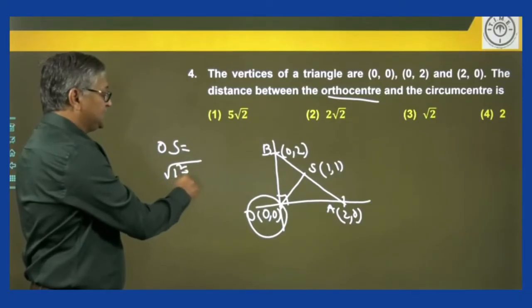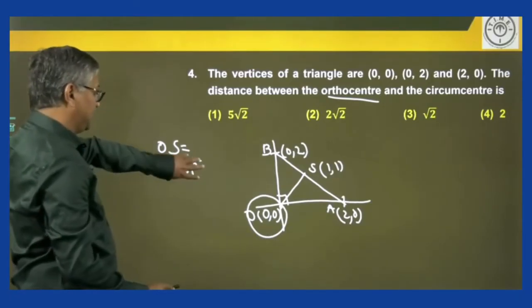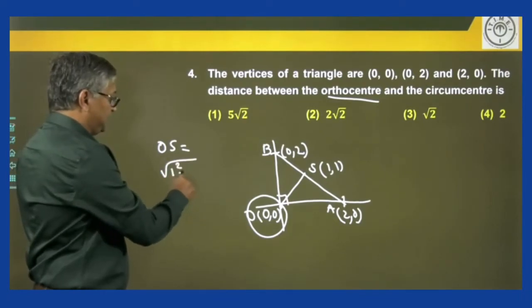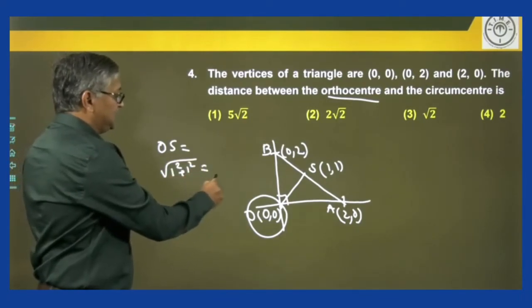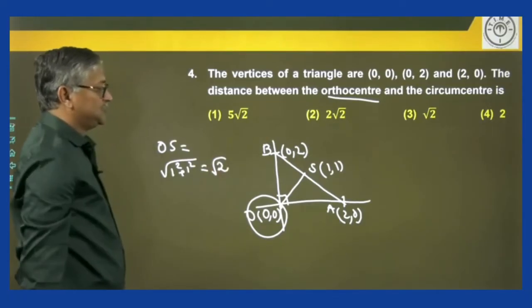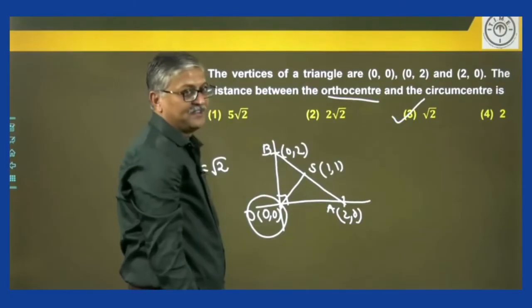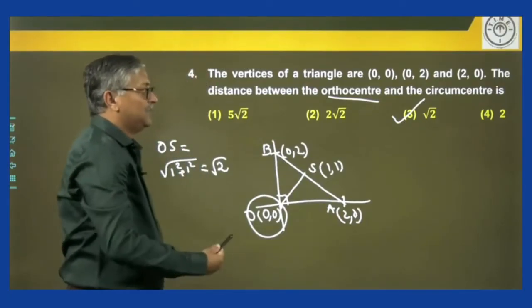That is root over 1 square plus 1 square. So, what is its value? Root 2. So, this is the answer for the distance between the 2 points. The third option, root 2.